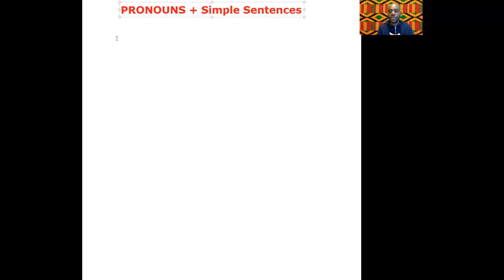So we use different words in place of them, like we, us, you, they, that, it. They are all pronouns. So how are we going to be able to use these pronouns in our day-to-day conversations in Ga? That is what is going to be our main focus today.